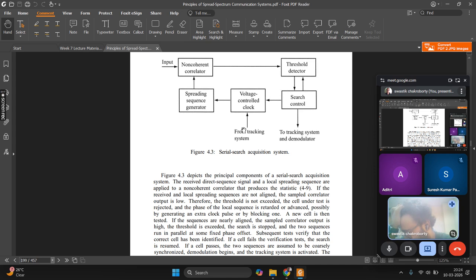So it is set back or advanced by 1 unit phase so that it can be in lockstep.